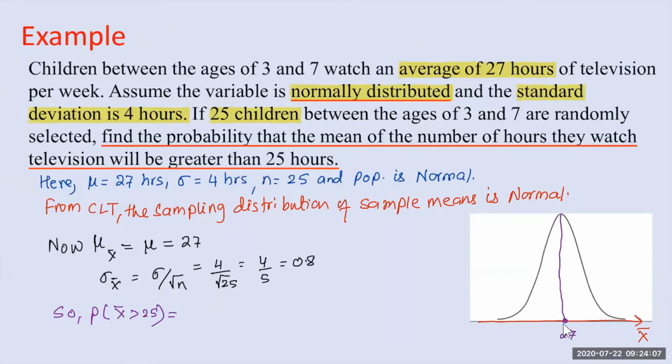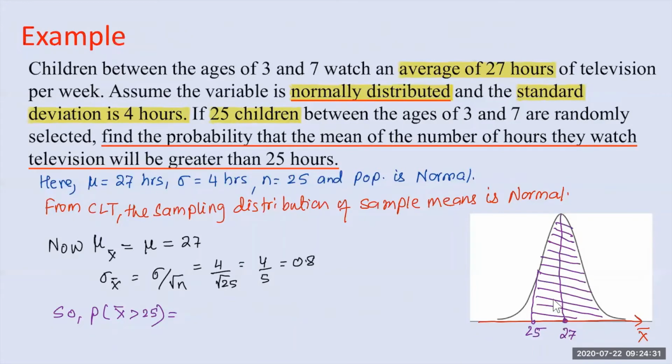So if 27 is here, 25 should be somewhere there. So this is your 25. We want the probability to be greater than 25. Greater than means it is to the right. So the probability is equal to the area under the curve, and we need to find this area.